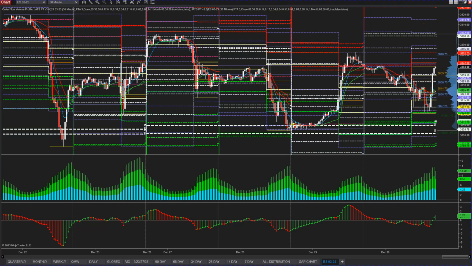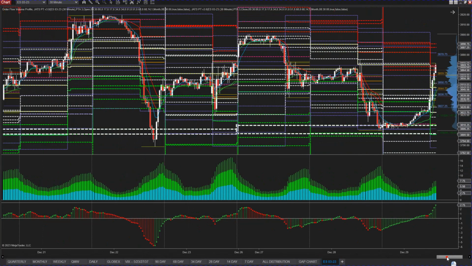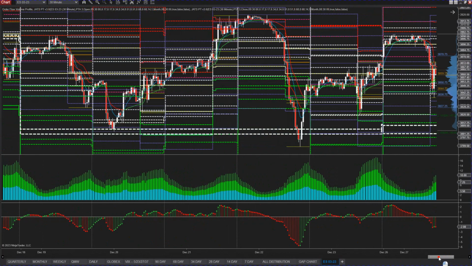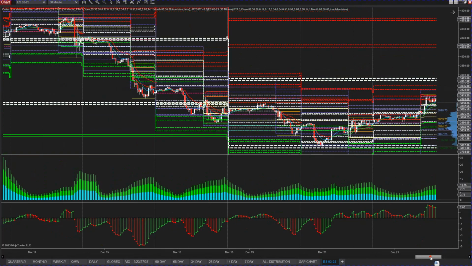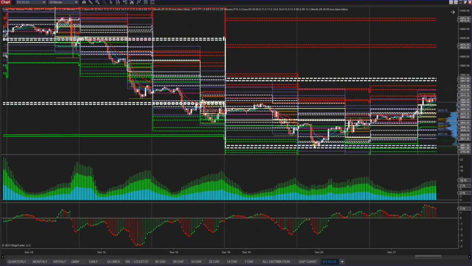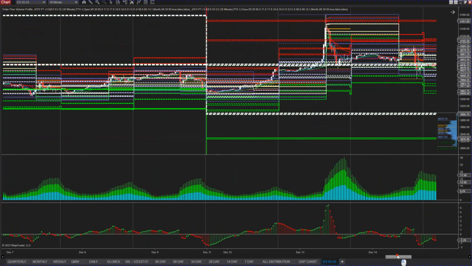So having the indicator in front of you and knowing where these levels are intraday is so helpful. So you can be just monitoring where these higher time frame support resistance areas are, because that's where the dealers like to come in on those ones, often on multiple time frames.